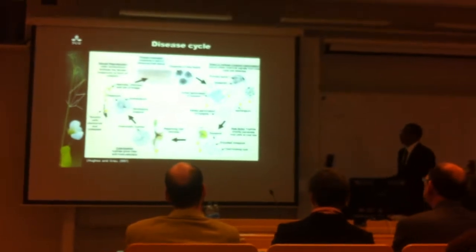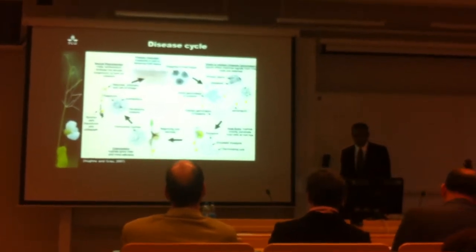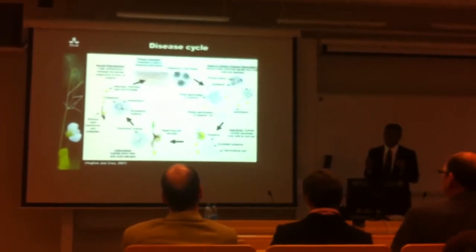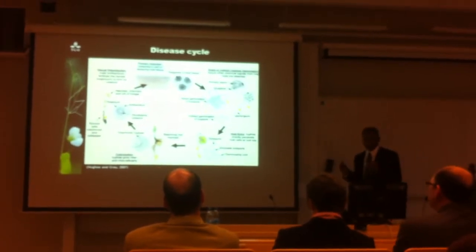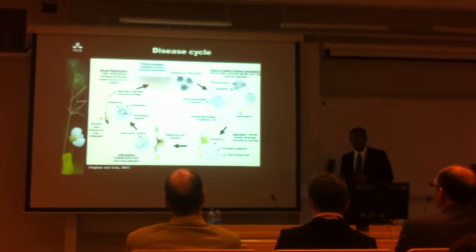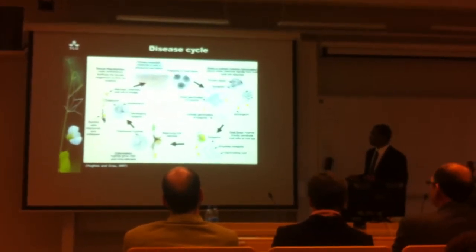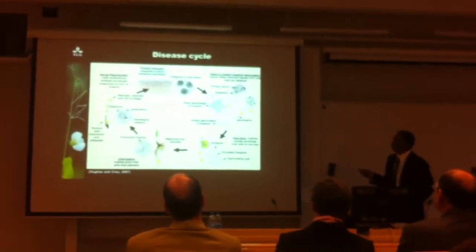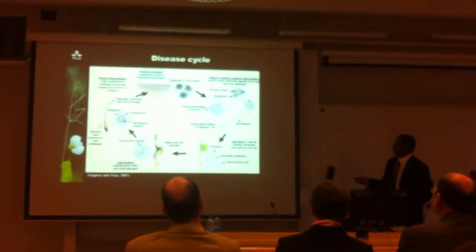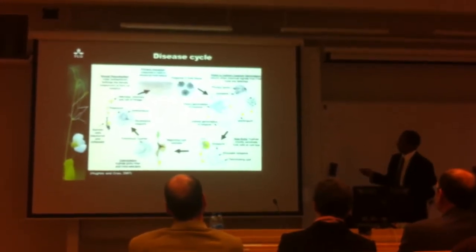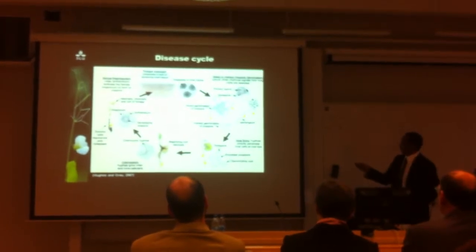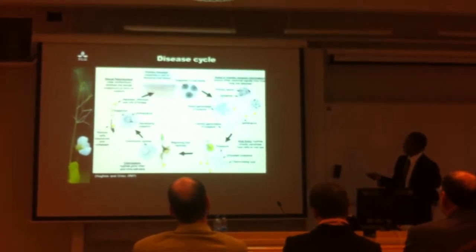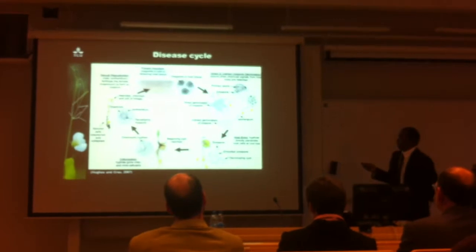And now we'll talk about the life cycle. When pea plants grow, the roots release flavonoids as root exudates, used as an attractant for the pathogen inoculum. So when the oospore gets the signal that there are pea plants growing, it directly germinates by growing hyphae and moves towards the pea root.